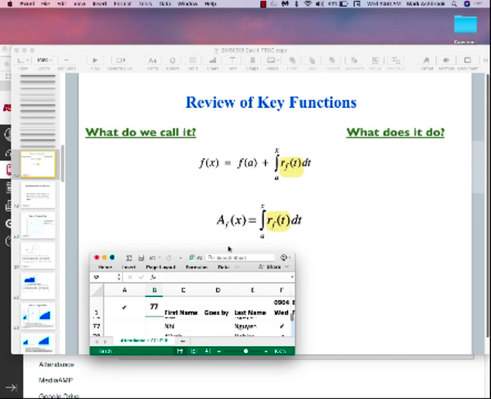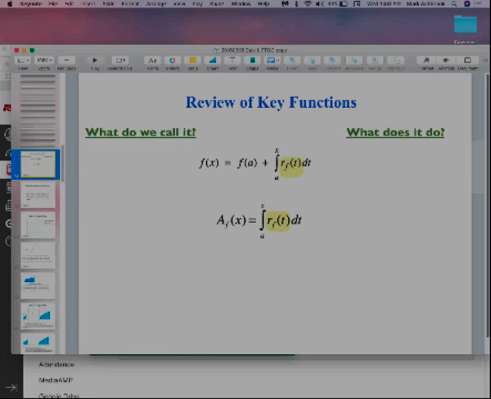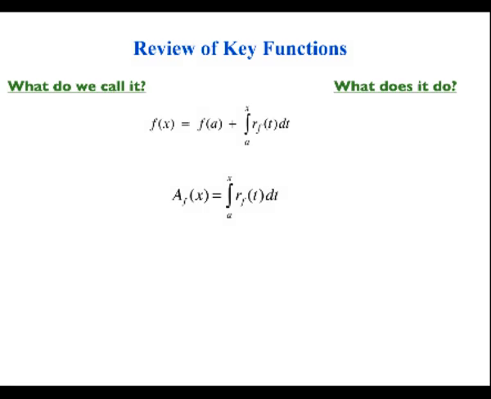So looking at these symbols here, which quantity? The quantity modeled by what function? F. It's the net accumulation in the quantity for F, right? Starting from A until x.